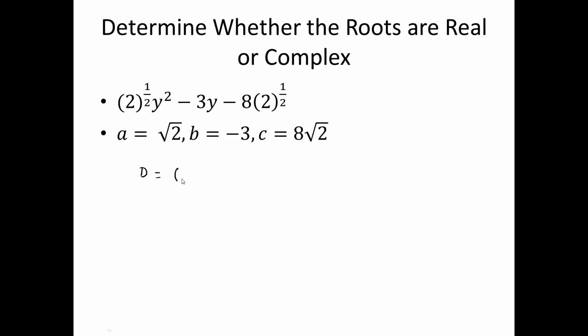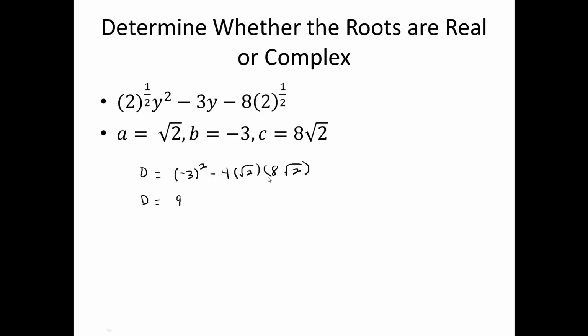So we have b squared minus 4 times a times c. That'll give us positive 9. Now over here with all of this, we can multiply our numbers that are not under the square root times each other, and we can multiply the numbers that are under the square root times each other.